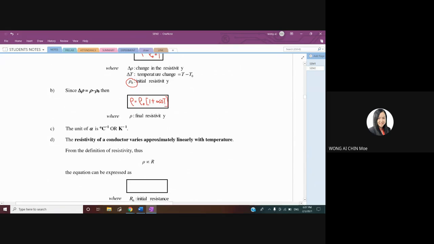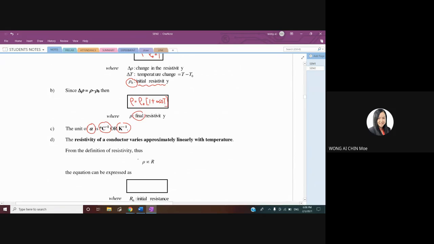Your rho naught is the initial resistivity, and your rho here is the final resistivity. The unit for alpha is per Celsius or per Kelvin. The resistivity of the conductor varies approximately linearly with the temperature.